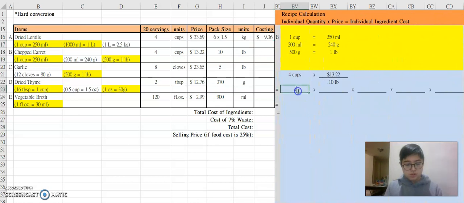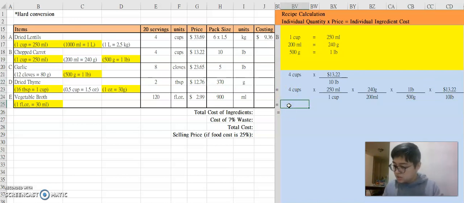B. 4 cups. 1 cup equals 250 milliliters. 200 milliliters equals 240 grams. 500 grams, 1 pound. And 13.22 for 10 pounds.